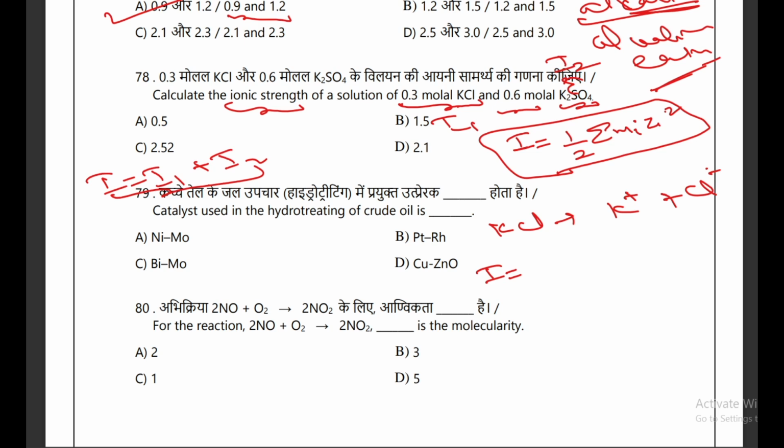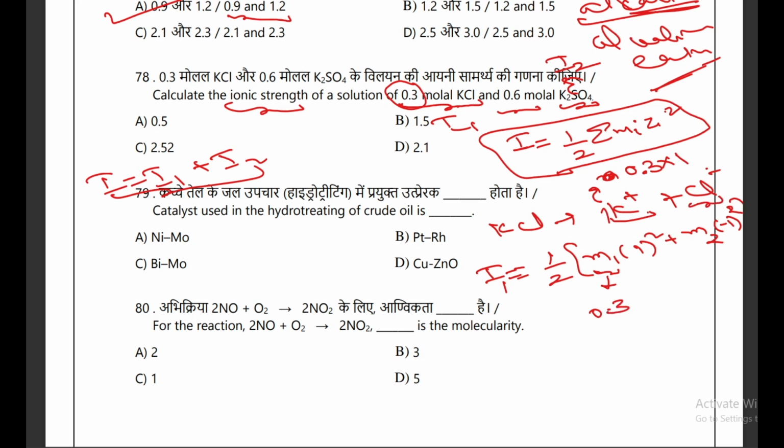In the case of KCl it will be I1. You can take M1 Z1 square, where its charge is +1, and M2 Z2 square, where its charge is -1. M1 you can calculate by multiplying its molality by the number of ions, which is 1, so the value of M1 will be 0.3.